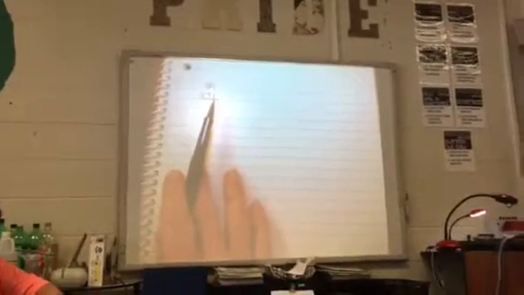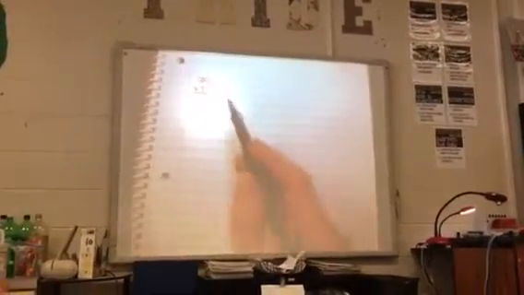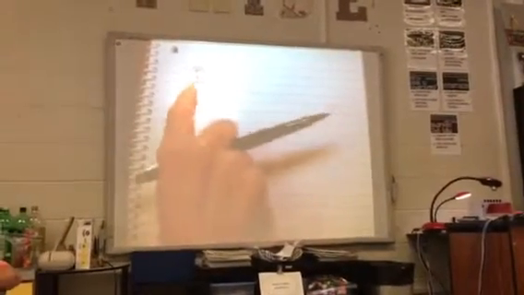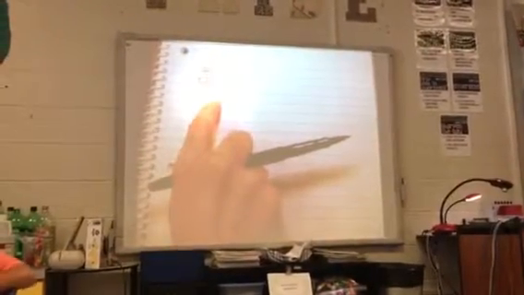Okay, so we're talking about using the standard algorithm for multiplying 2 digits by 2 digits. We mastered 1 digit yesterday, right? We're going to master 2 digits today. So I'm just going to work one example and talk through it. We're going to have 2 rows of products.